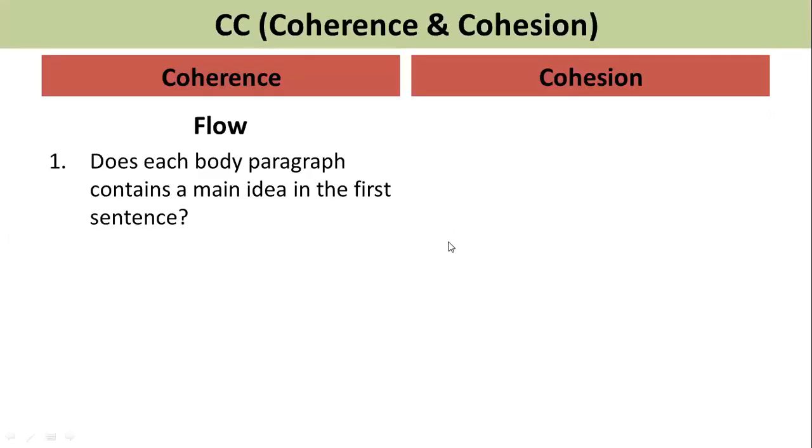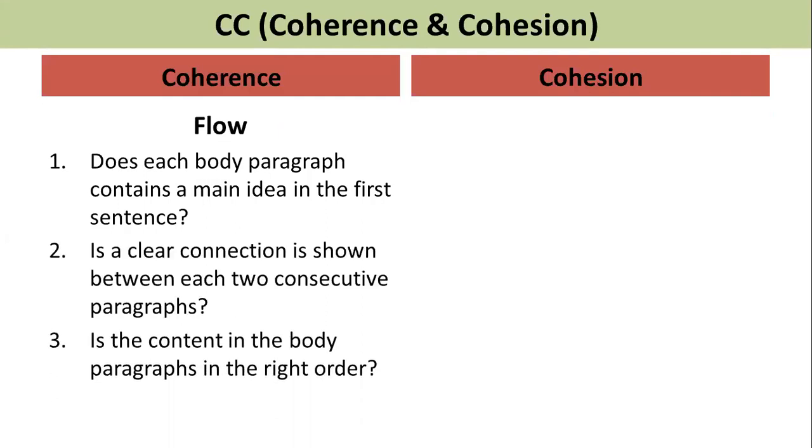Okay, so let's go further. Coherence says you will score full marks if you respond yes to all of these questions. I will teach you the questions one by one.